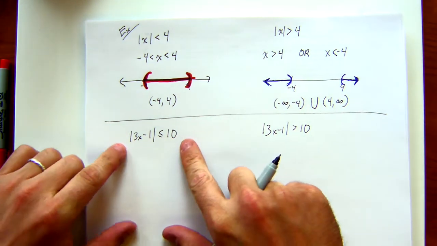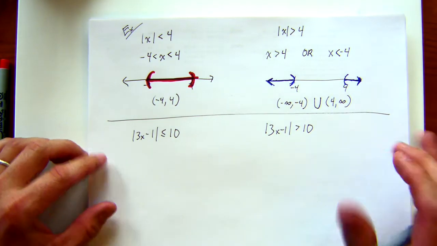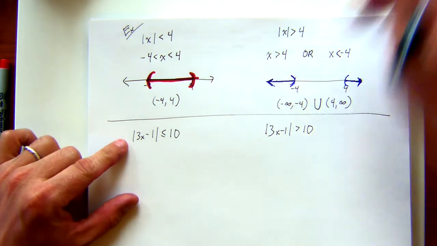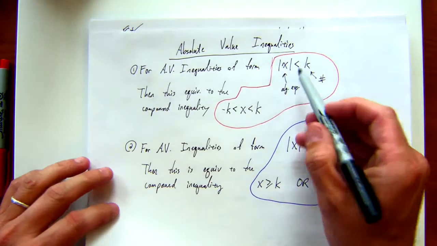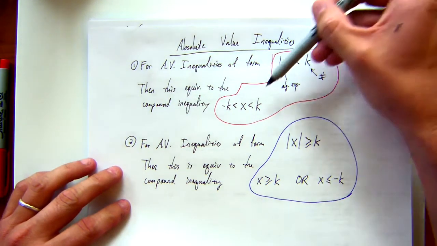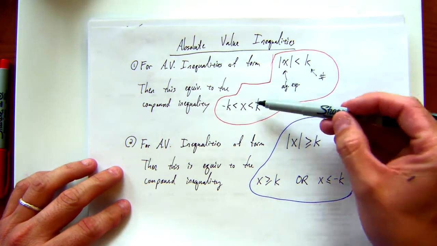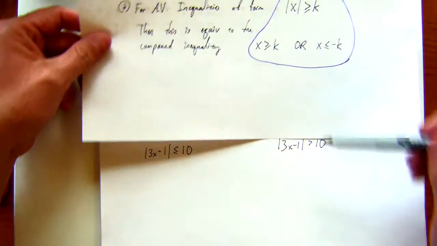So what is this one going to be? I want to rewrite it. Remember, my rule says if I have an absolute value inequality of this form, then it's equivalent to this. So the way for me to solve it is to write it this way, and then I can solve it. So what is my x?